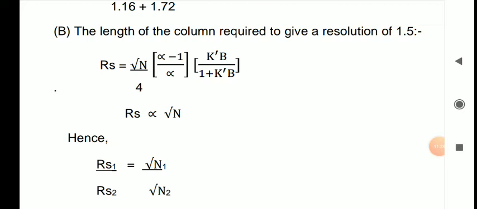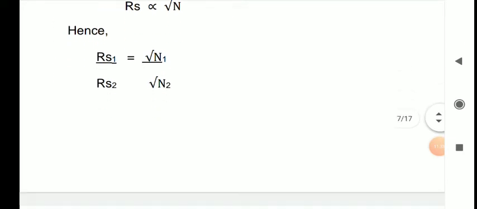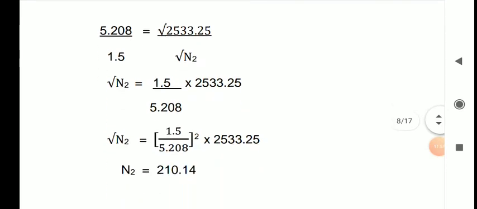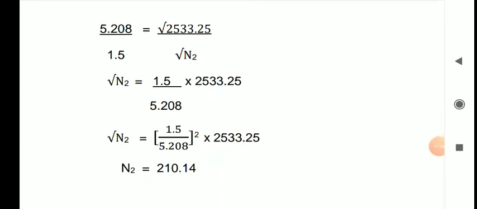If Rs1 is proportional to square root of n1, Rs2 is proportional to square root of n2, when you take that ratio, you get Rs1 upon Rs2 is equal to root of n1 upon root of n2. So 5.208 upon 1.5, which is the resolution asked, is equal to square root of n1, which is 2533, upon square root of n2, and n2 we have to find out. So this n2 will come out to be, when you substitute the value, 210.